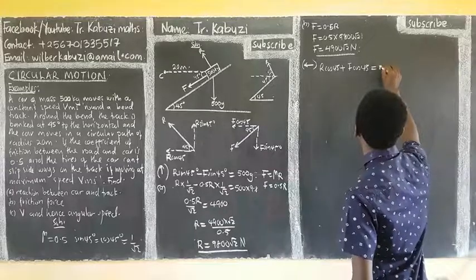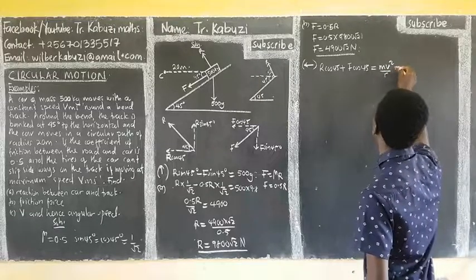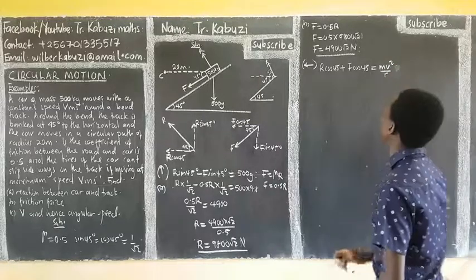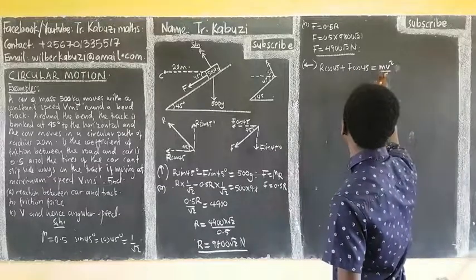So our centripetal force is m v squared over r. Okay, we can leave it there. So we have this, we know this, we have that.